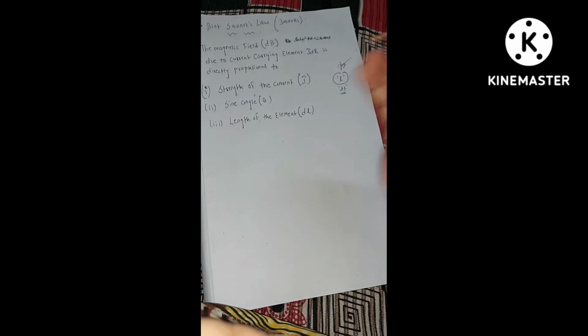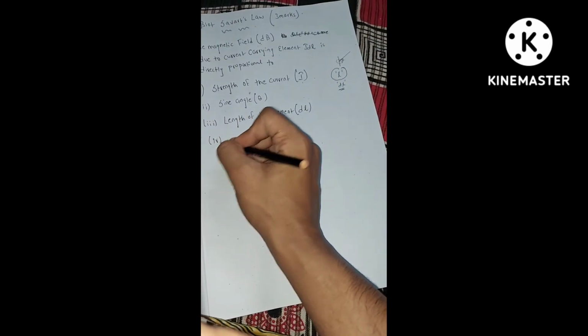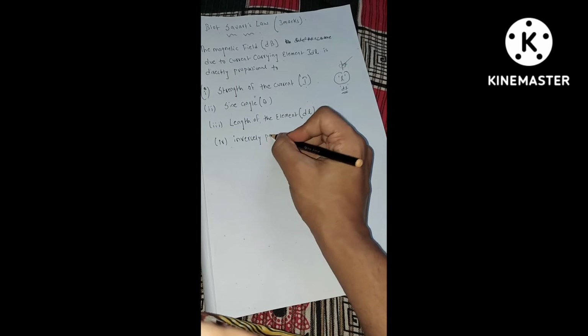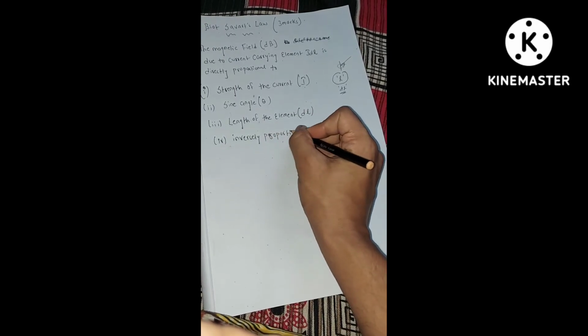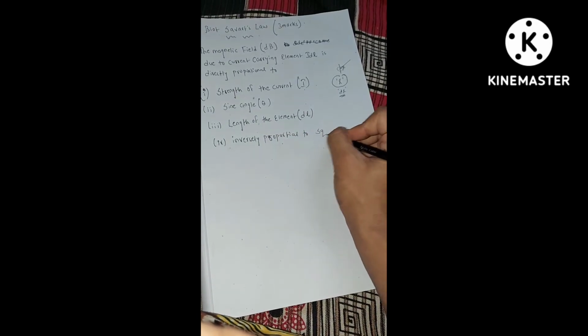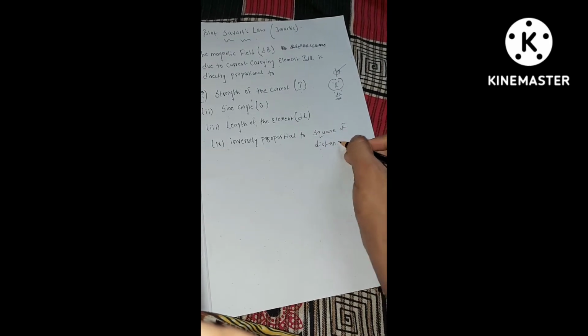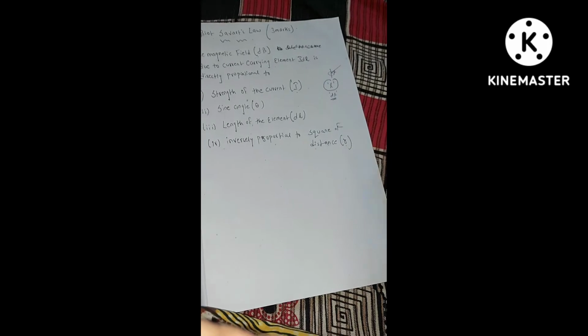Next, it is inversely proportional to the square of distance, and this distance is denoted as r.